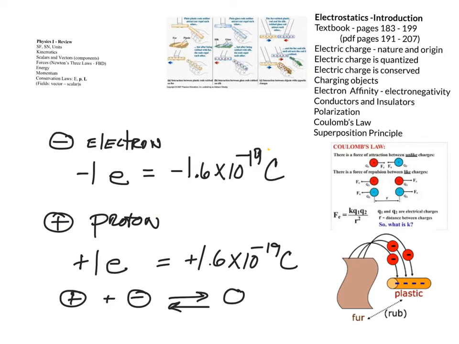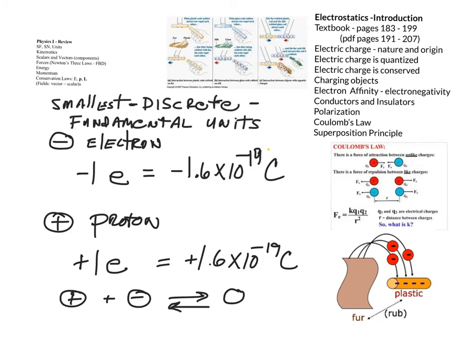So when we say charge is quantized, we mean that, let me pause the video. So you're asked to explain in words by writing what quantization of charge means. It means that charge in nature comes in smallest discrete fundamental units.